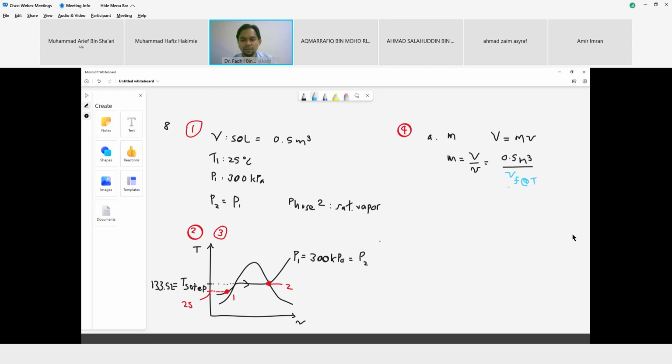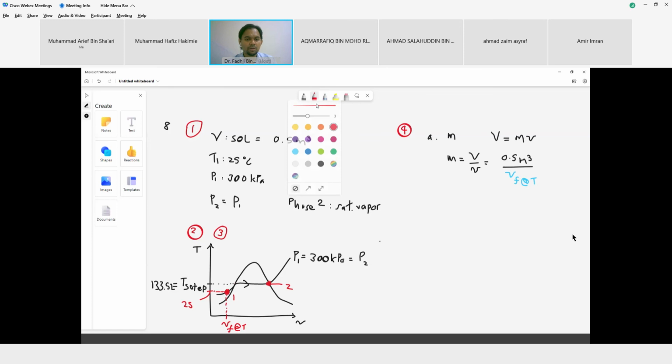Why do I say vf at the given temperature? Because if you look at your TV diagram, this is point 1, the initial state, initial phase. Draw this vertical line to here. This v is vf at the given temperature.